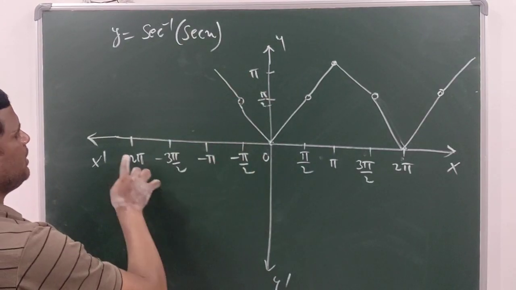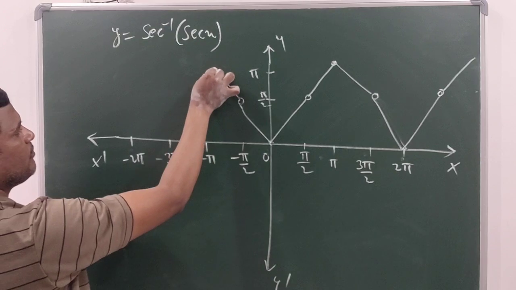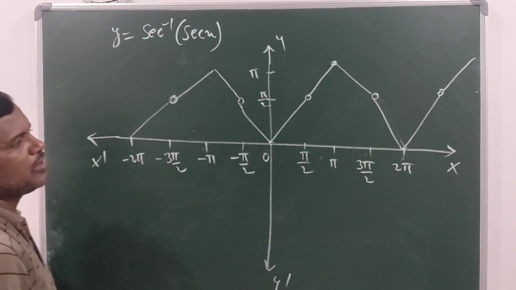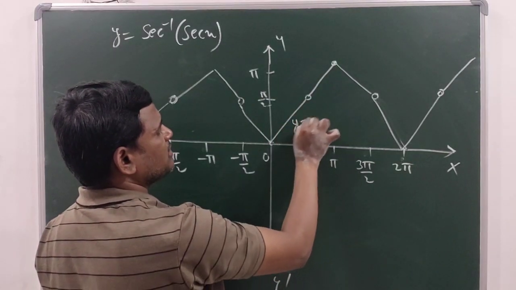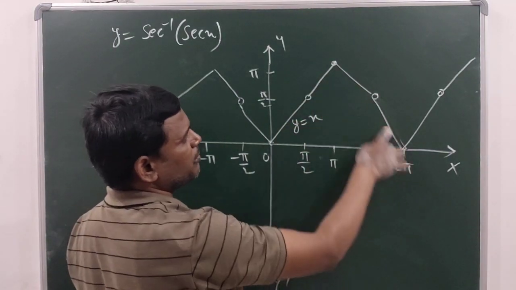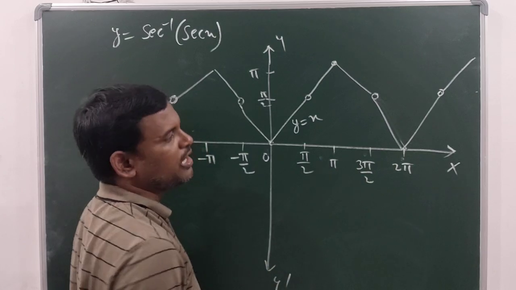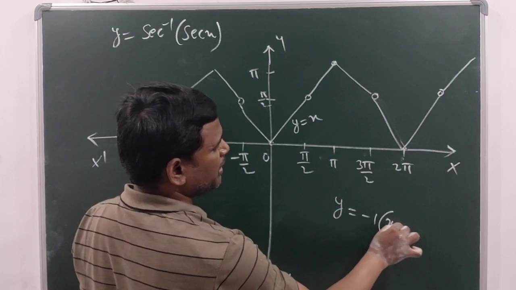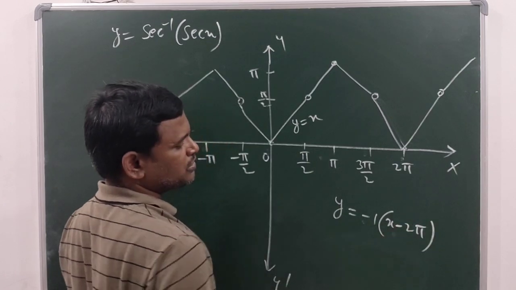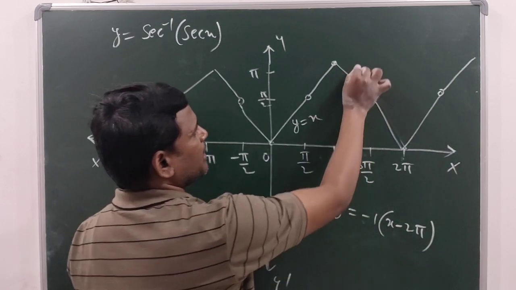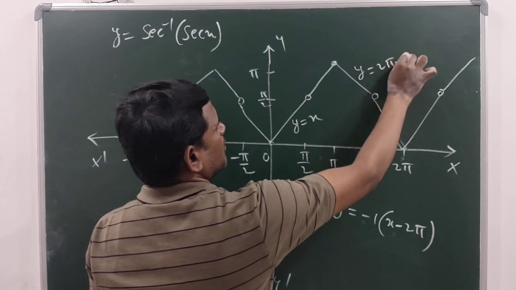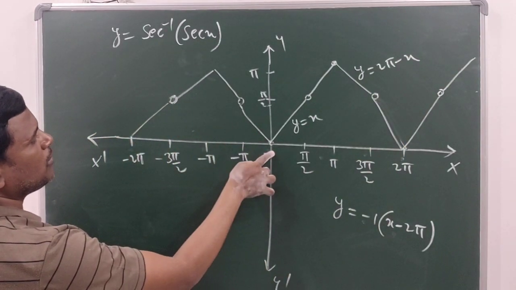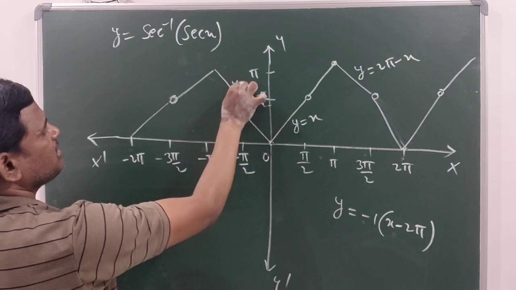Okay, 0 to minus pi and minus 2 pi to minus pi. Here you have to take the break. Okay, so you know this is the y equal to x line, and this will be passing through 2 pi comma 0, having negative slope, so y equal to minus 1 times x minus 2 pi. So when you send the minus inside, 2 pi minus x. Okay, so what about this one, passing through 0 comma 0? It is the y equal to minus x line.